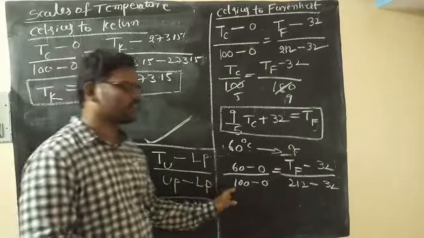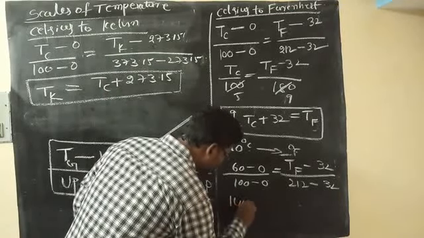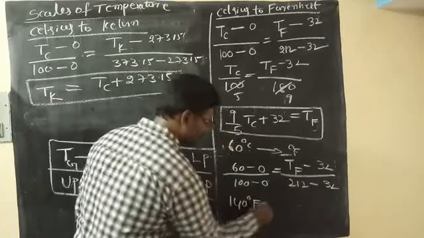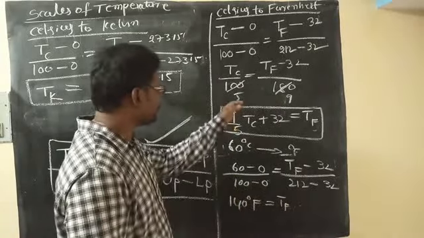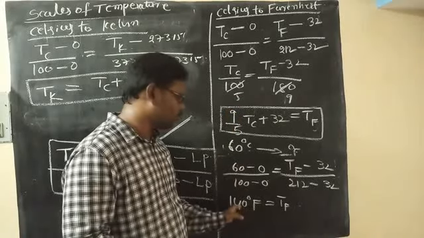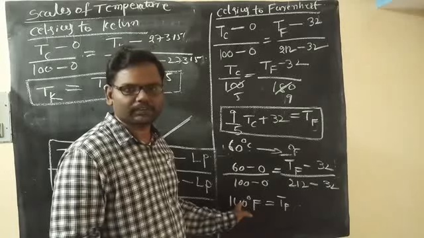So if you solve this one, you'll get 140 degree Fahrenheit. That means this 60 degree Celsius is equal to 140 degree Fahrenheit, isn't it?